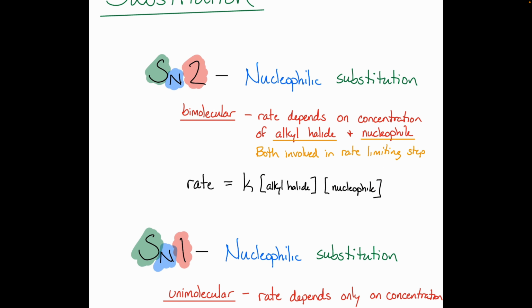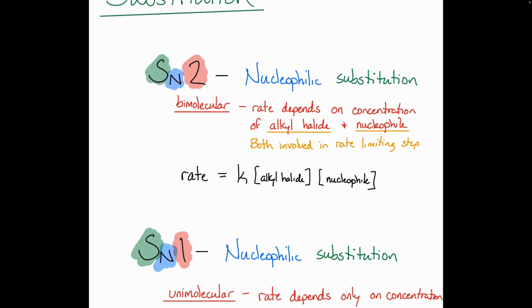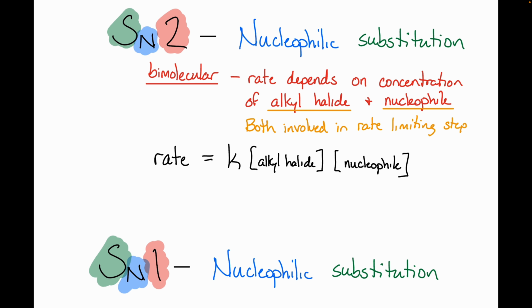All right, it's called a SN2 because it's a bimolecular reaction in terms of the kinetics. Both the alkyl halide and the nucleophile are involved in that rate limiting step. All right, maybe we just want to note here, this had that one step mechanism.